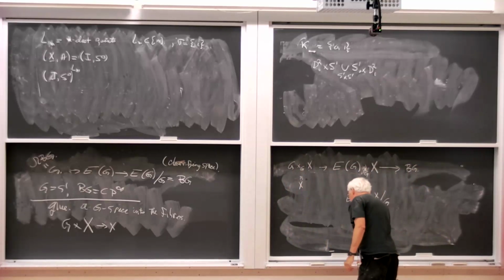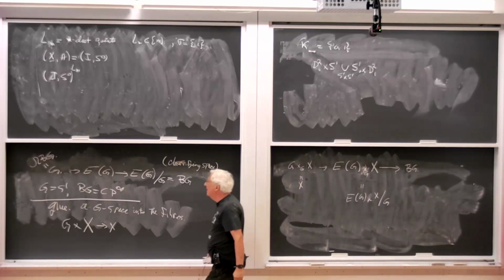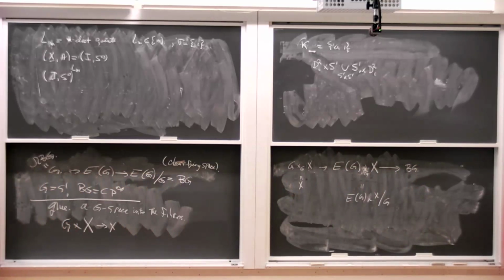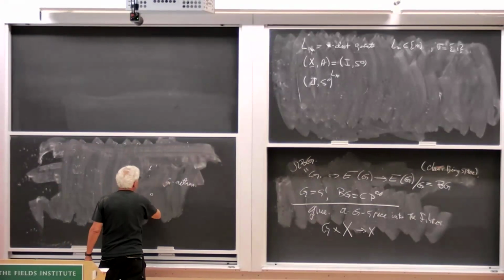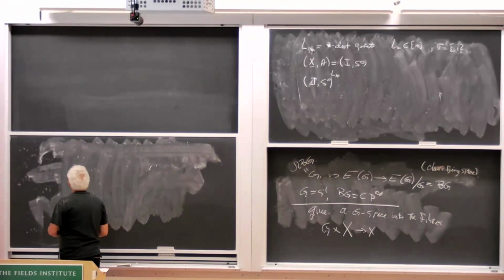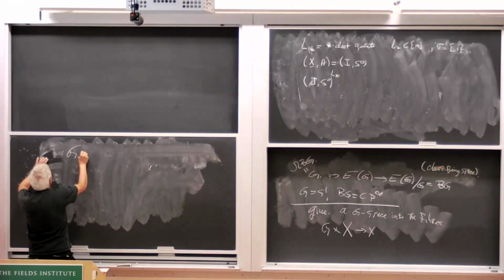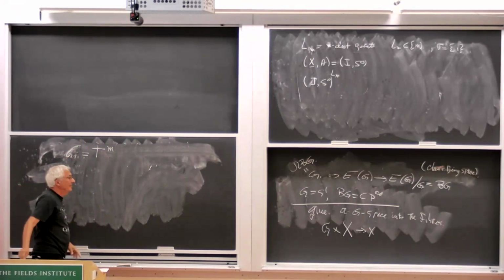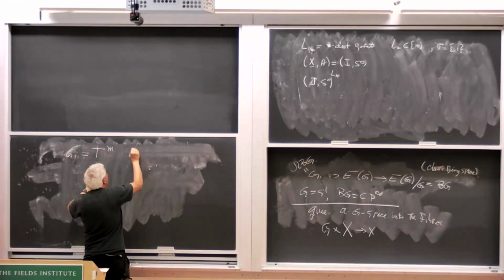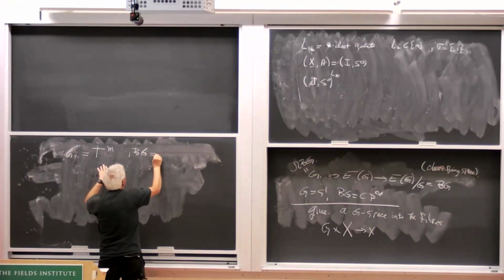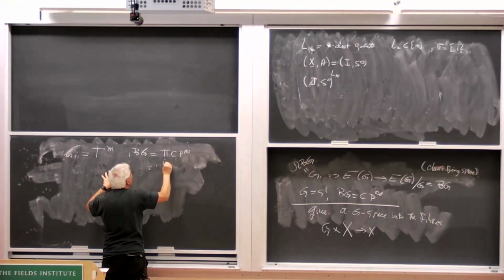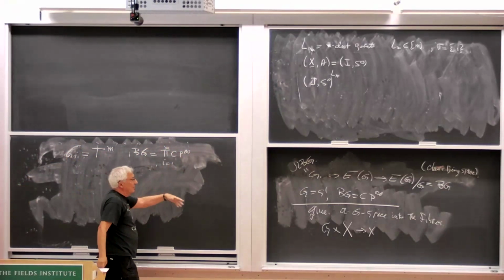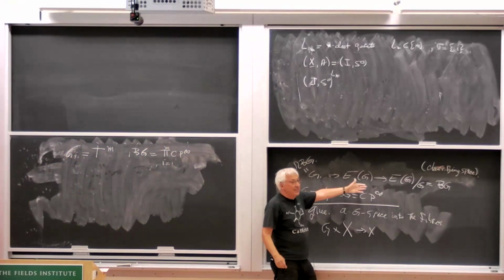So let us go to our example. Our group is the M torus. And I'll remind you that BG for this group is the product of CP infinity, because these things behave very nicely on products.